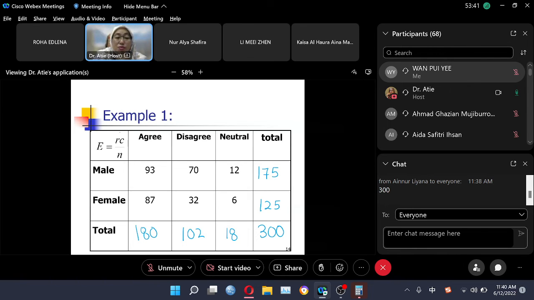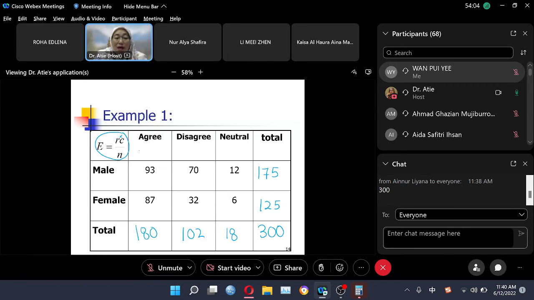We need to calculate E, using this formula: R times C divided by N. Look at this very carefully: how to calculate the value of E.